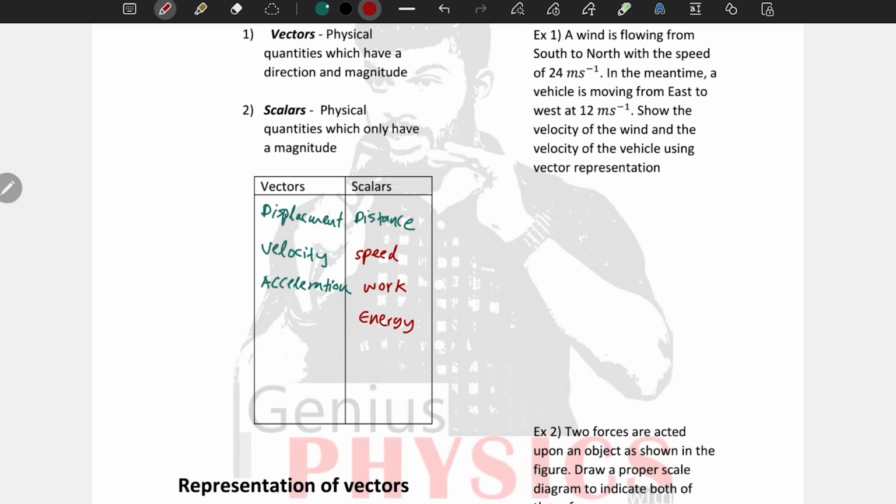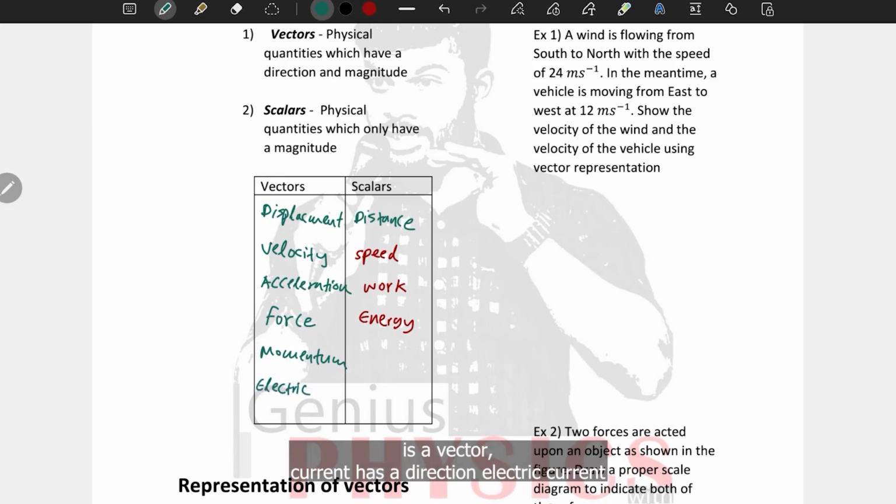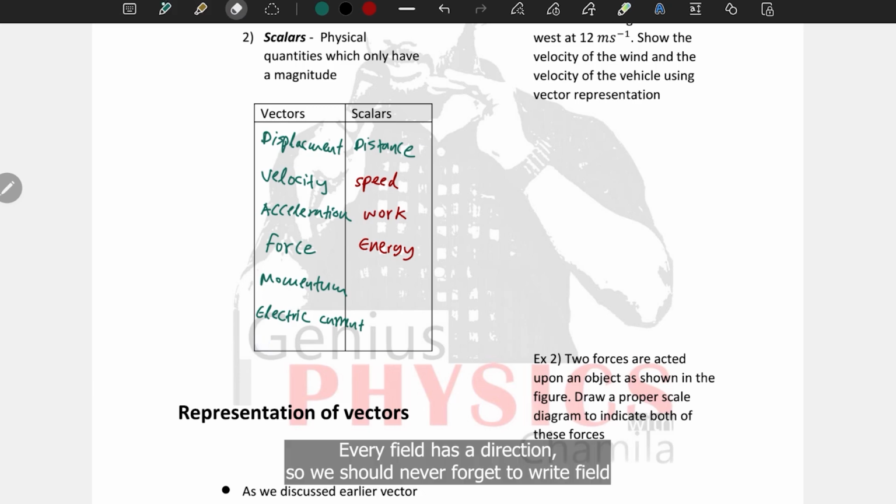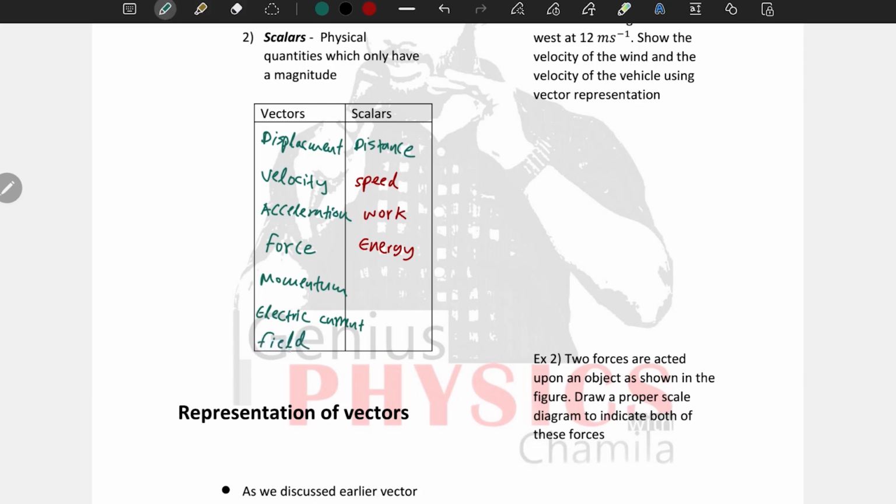And on the vector side, I write force is a vector, and even momentum is a vector, and electric current is a vector as the current has a direction. Electric current, and you will meet later on electric field or simply field theory, every field has a direction, so we should never forget to write field.